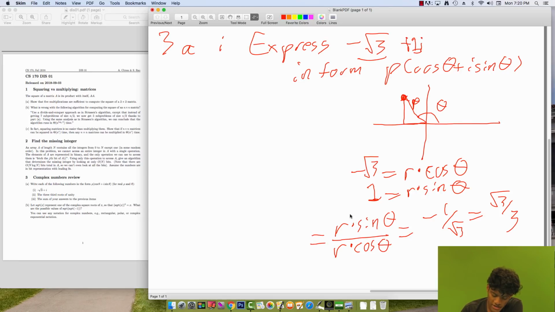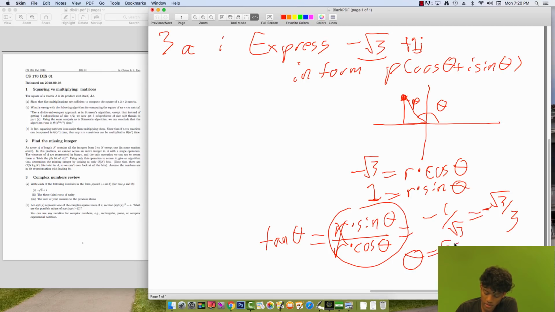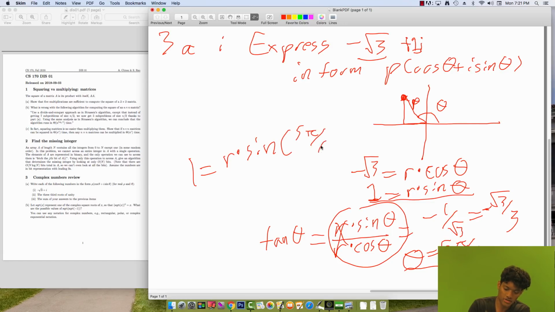If you look at this side of the equation, we can see that the r's will cancel, and sine over cosine is tangent. So we get that tangent of theta is going to equal negative root 3 by 3. And if you remember some trig, we're going to get that theta equals 5 pi by 6. Now we can plug in our expression for theta back into this equation. So we get that 1 equals r times sine of 5 pi by 6.